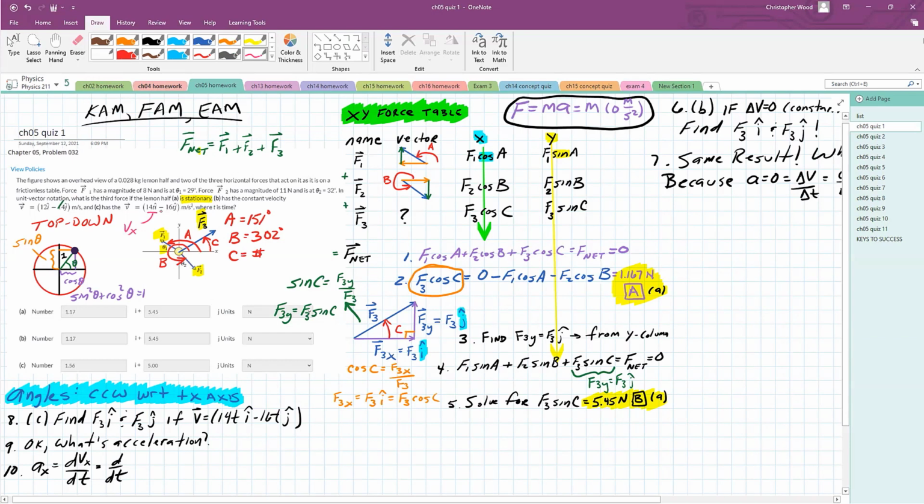Similarly, that negative 16t is Vy. So I need to take the time derivative of Vx, which is 14t I hat meters per second. So this is my a sub x. My a sub x is just simply 14 meters per second squared.